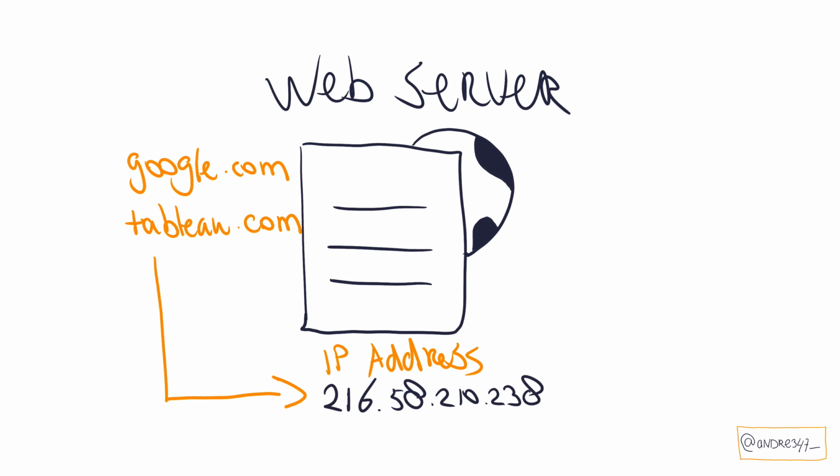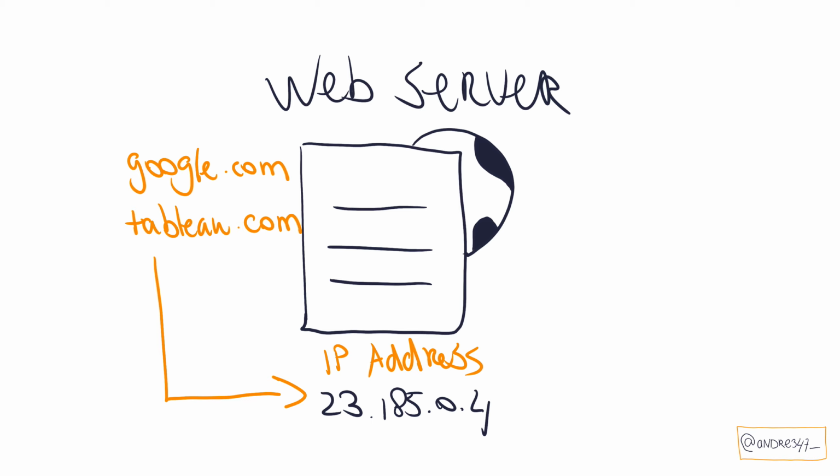For example, Google has an IP address of 216.582.10.238. This is a way to identify this particular website. We typically don't type this into the URL bar if we want to go to a website, and that's what we use DNS for. Tableau has its own IP address.